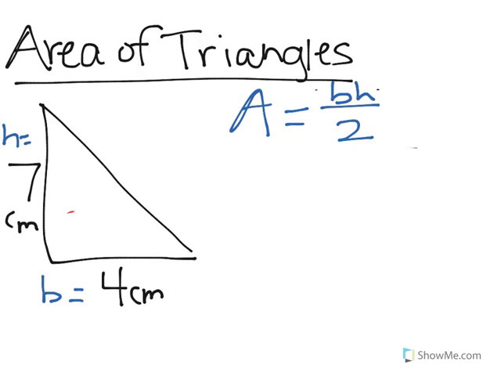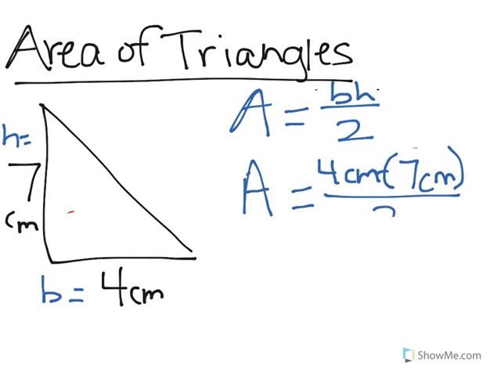Do I know the area of this triangle? No, so I'll leave it as area. Do I know my base? Yes, my base is 4 centimeters. Do I know my height? Yes, my height is 7 centimeters. And divide by 2. So now we solve.